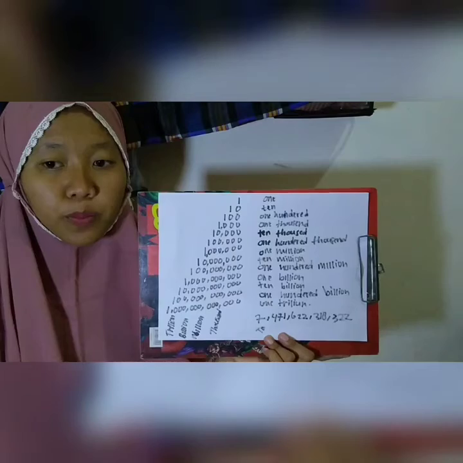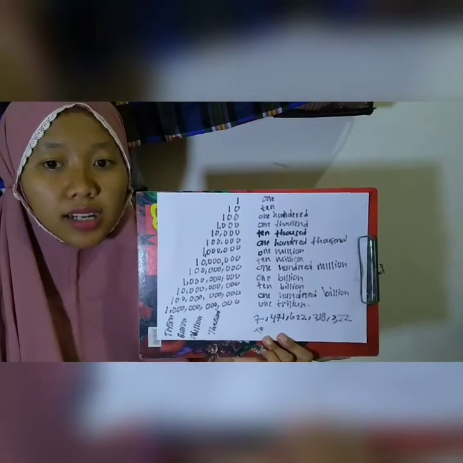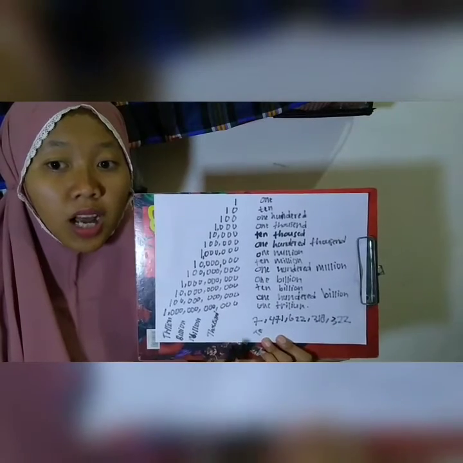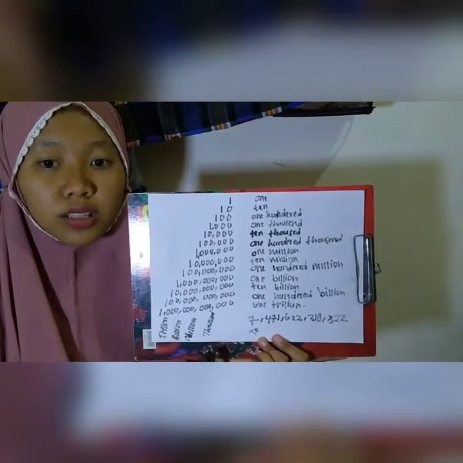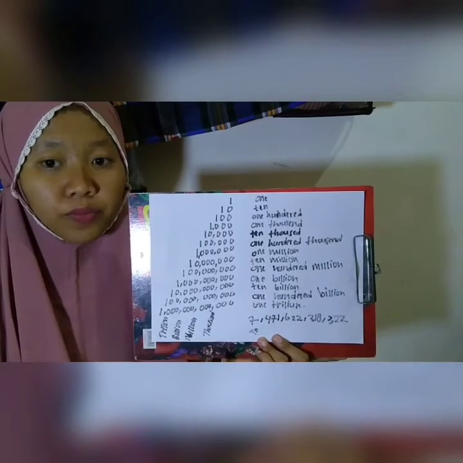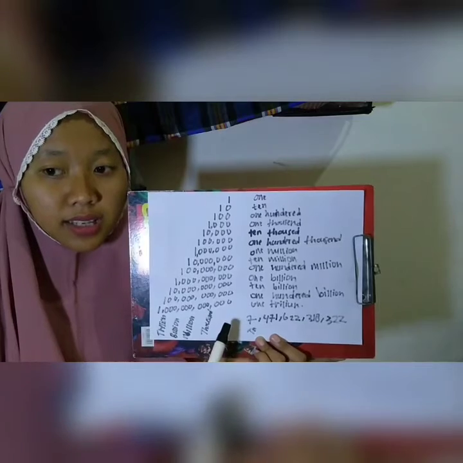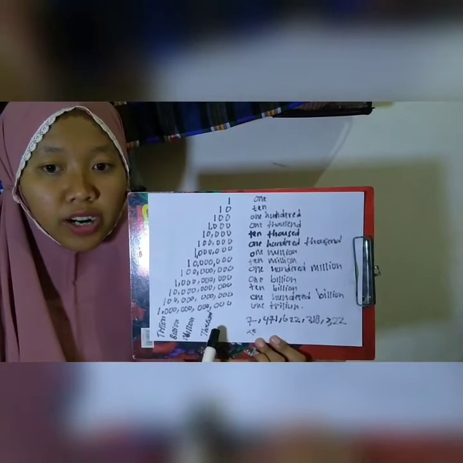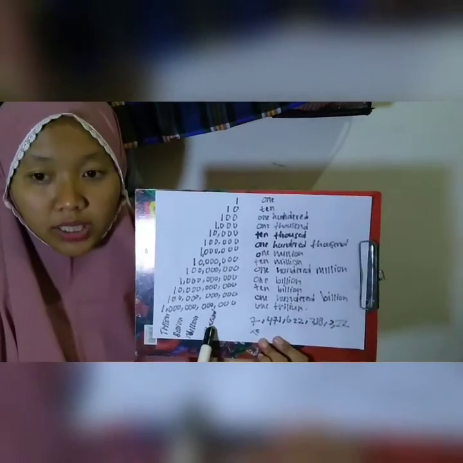At each place that I have a comma, if there's a number in front of it, we can say the word that is written down here below. So for this first comma, if there is a number before it, I will say the word thousand.